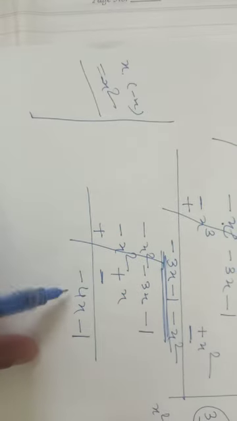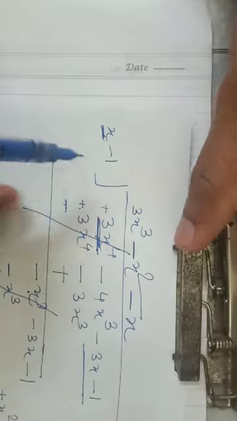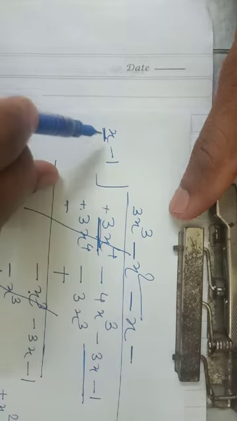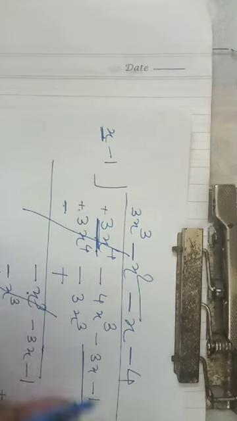Now target the first term, the first term is minus 4x. Now observe it, this is x, but we have the minus, so we should use minus, and the coefficient will be 4, so we should use minus 4.